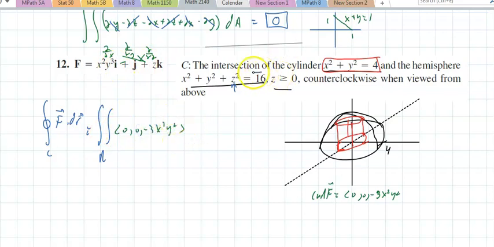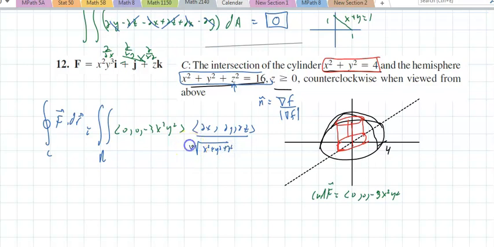I need n for this three-dimensional figure, and what n is would be the gradient of f divided by its magnitude. Well, the gradient of f is going to be 2x, 2y, 2z divided by the square root of 4x squared plus 4y squared plus 4z squared, dotted with the curl, and they cancel out, just like we said.